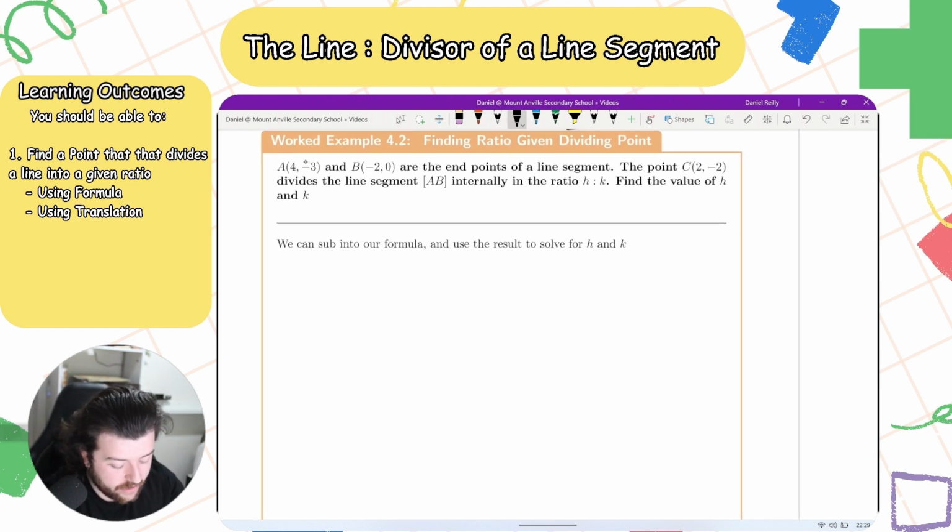So I have my points 4, -3 and -2, 0 as the endpoints of a line segment, and the point 2, -2 divides the line segment internally in the ratio h to k. Find the value of h and k. So h and k, that's A, that's B. Sub it into my formula.